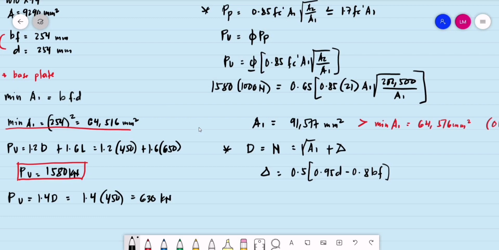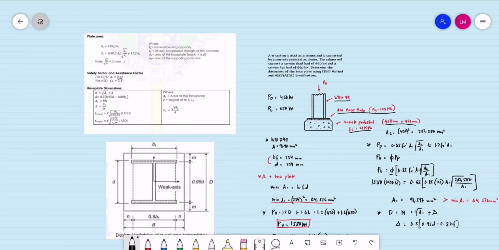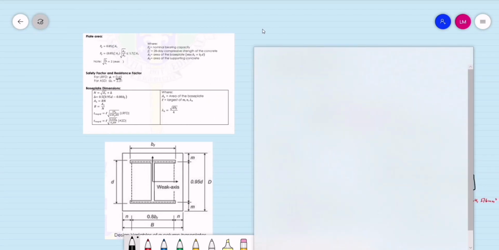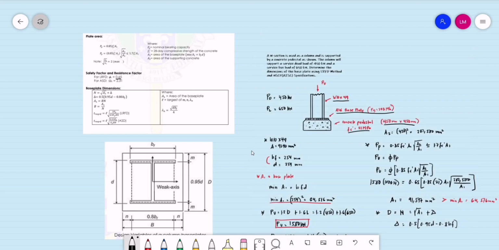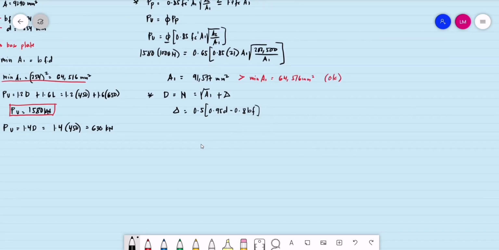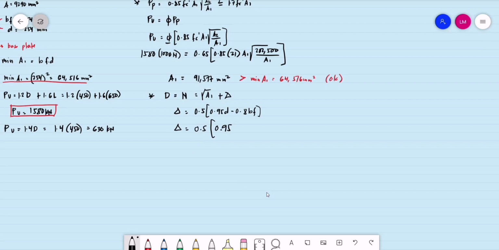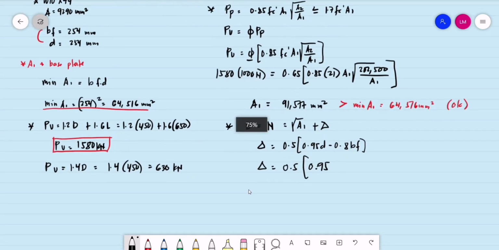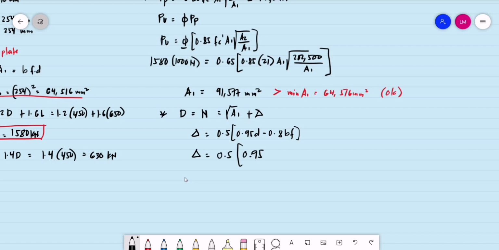So if you are to double check, this is 0.5 of 0.95 of D minus 0.8 of the B sub F. So computing for the value of this delta is equal to 0.5 of 0.95. Again, what is the depth of our wide flange? We have the same with the width of the wide flange. So 0.95 of 254 minus 0.8 of 254.